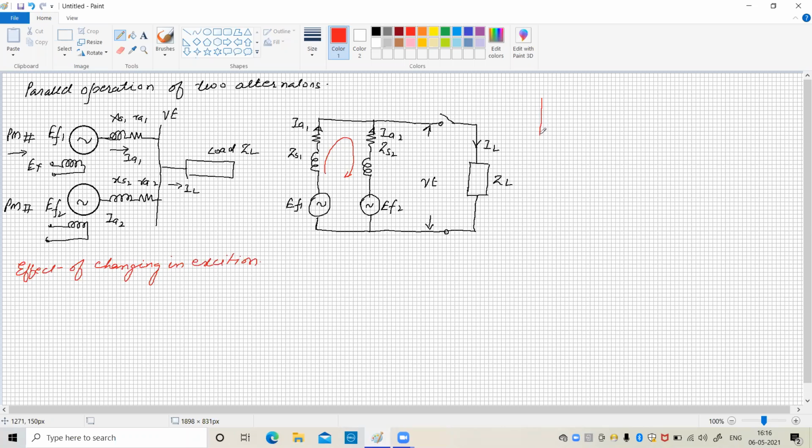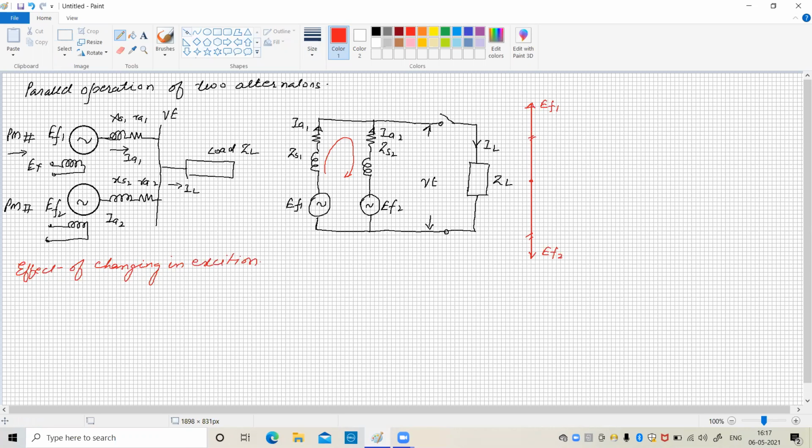So voltage induced, okay, try to draw state 1. So here the voltage induced in EF1 is equal to EF2. It is EF1 is equal to EF2 and they are opposite to each other, and in such a way that the voltage between this local circuit is 0.